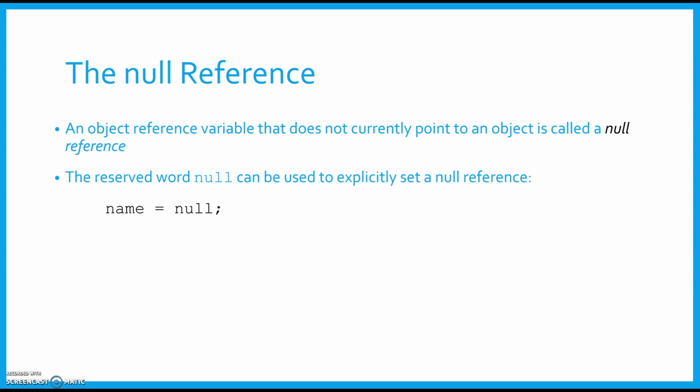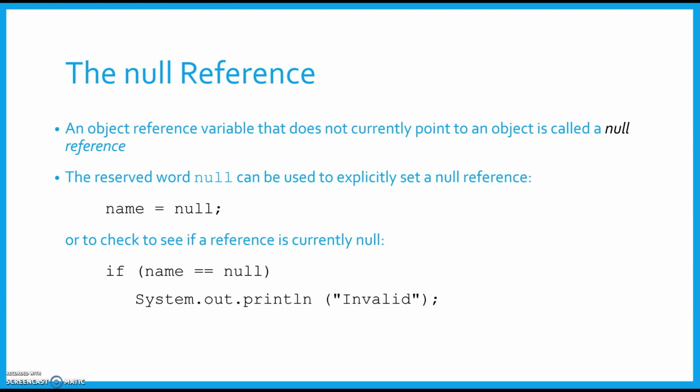And this is how you would set a null reference. To check if a reference is currently null, again we can use the equality operator here. If name equals null, then this is how we make our program robust. We indicate that we have an invalid input or we're using an invalid reference.